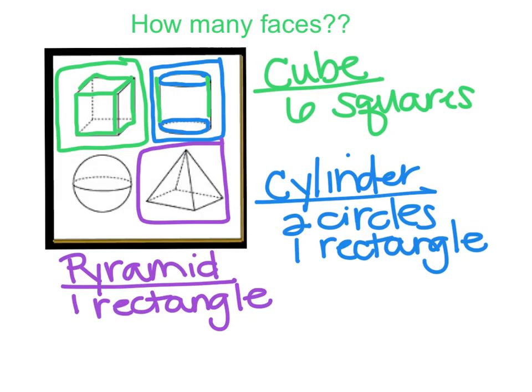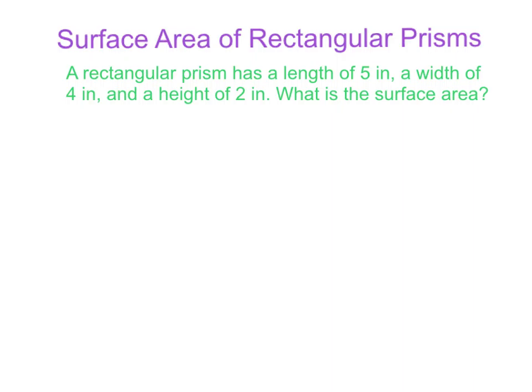And then if you look on those sides, there are 4 triangles that come up and meet at that vertex at the top of your pyramid. So a pyramid is made up of 1 rectangle and 4 triangles.